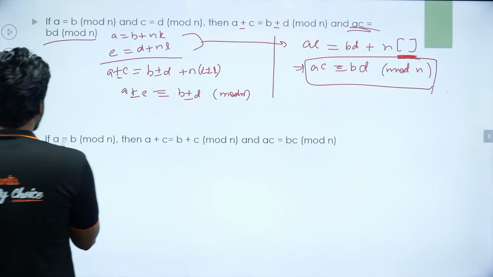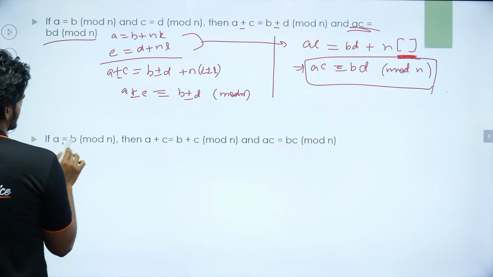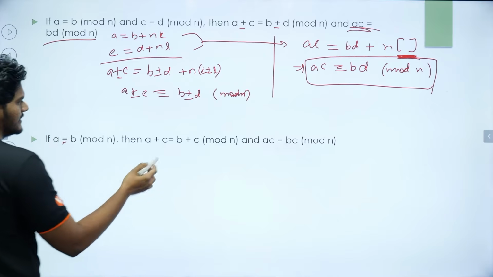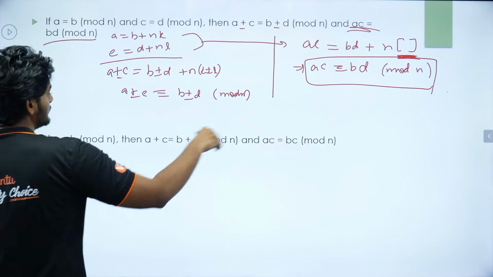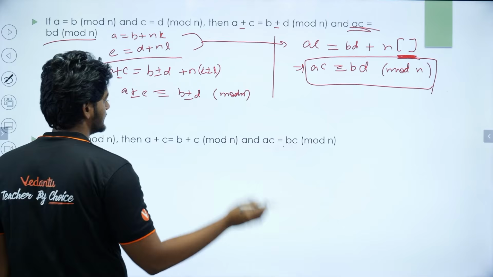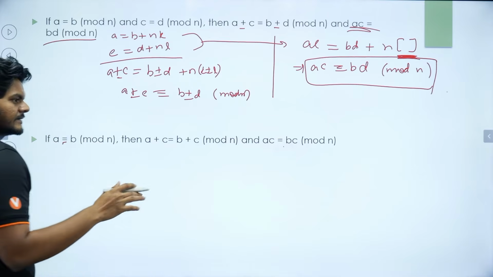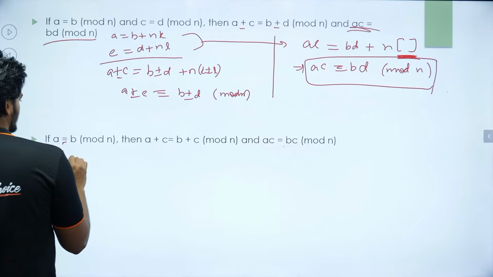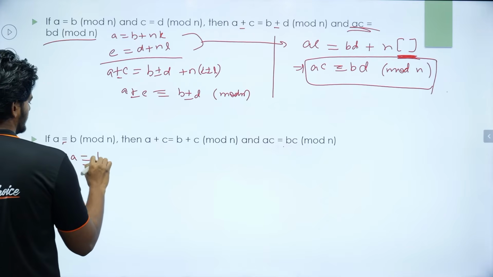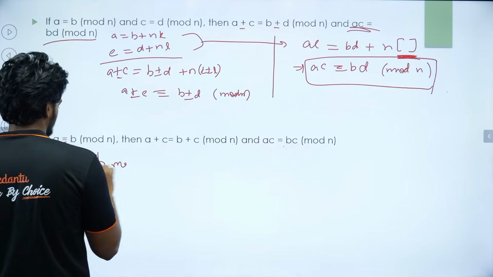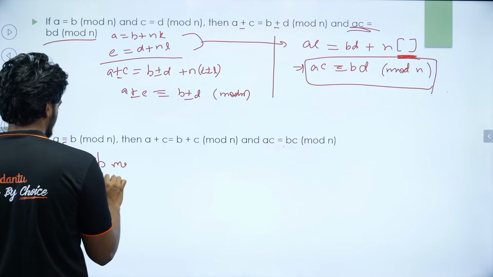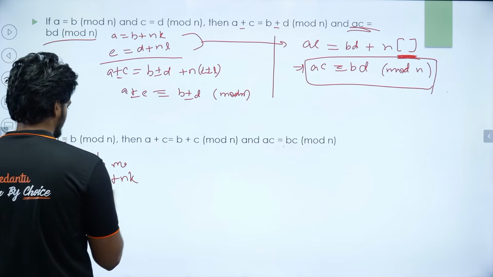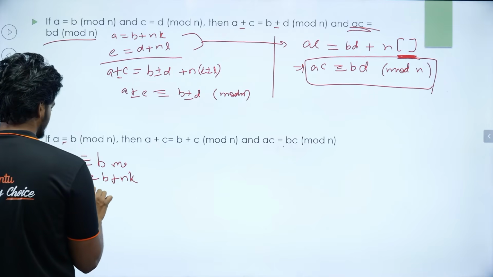Now, there is another property: if A is congruent to B mod n, then if you add some constant or multiply by some constant, it is always going to be the same. It's like multiplying a constant in an equation. So, if A is congruent to B mod n, so A is equal to B plus nk, then if you add C, nothing changes.